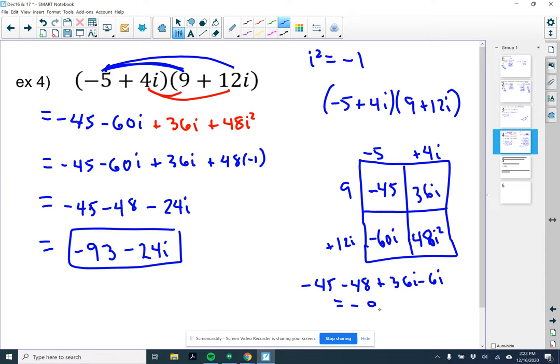So we get the same thing, -93 minus, oops, I lost a 0. -93 minus 24i. And we get exactly the same answer. Just a little different way of organizing the distribution. And that is our review for the complex numbers quiz.